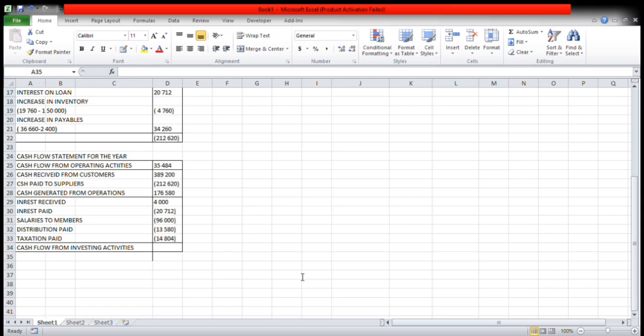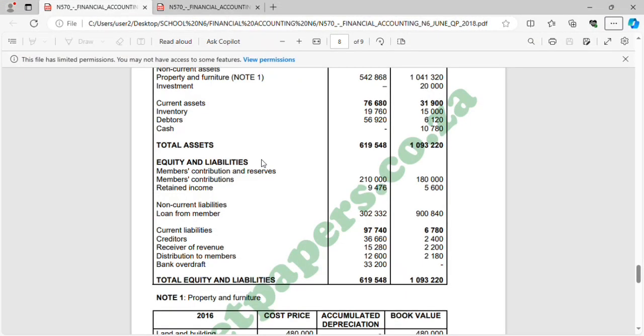So here I will start with the additional information to check the assets that were purchased or sold.